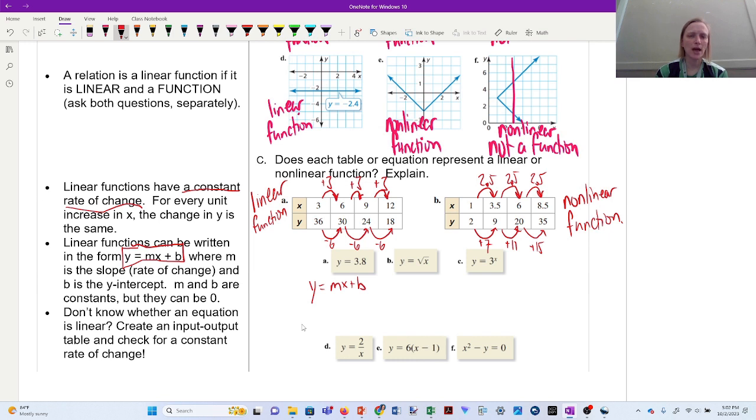So to get no x, m must have been 0, because 0 times x is 0. But then my 3.8 could have been my b value here. So I can get y equals 3.8 from this y equals mx plus b format. So this one is a linear function.